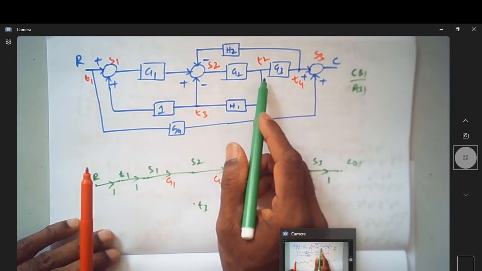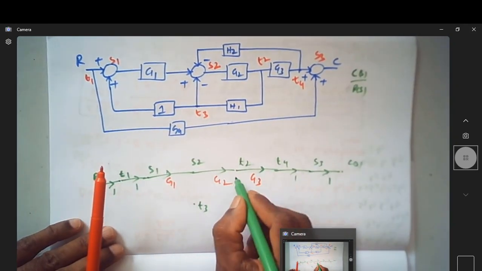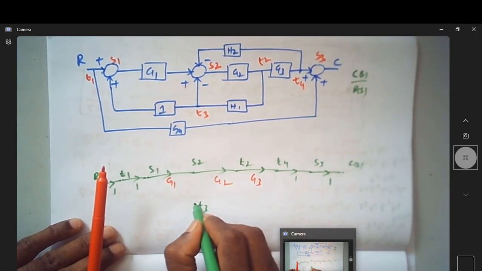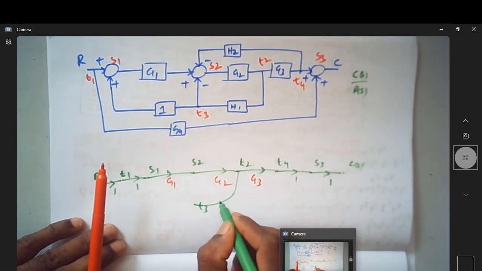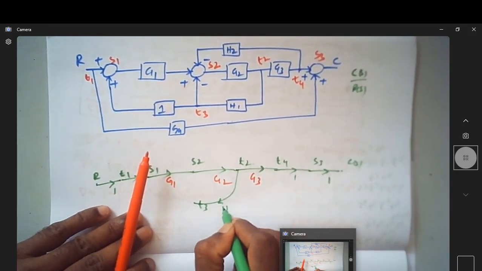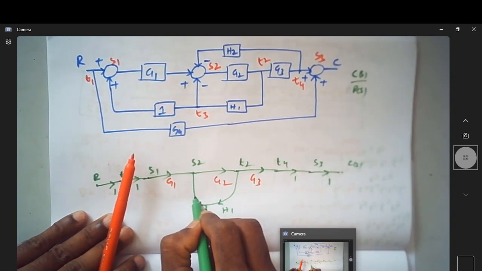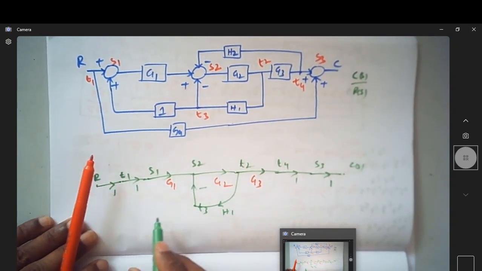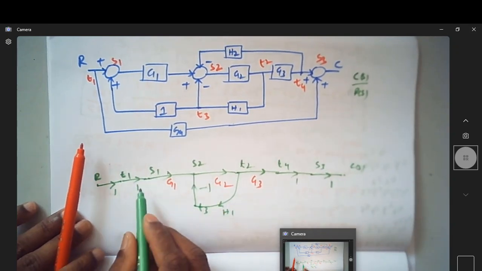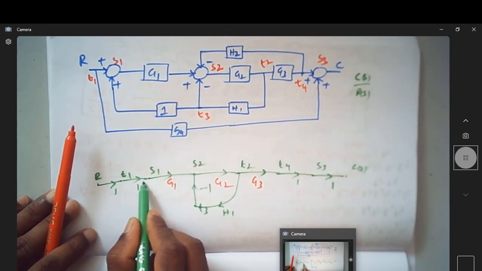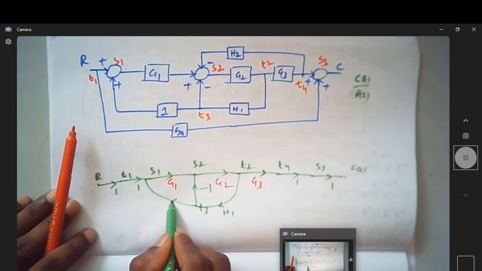Then from T2 it will come to this summing point with a gain of H1, and here it is -1, and then to this summing point it is again 1.